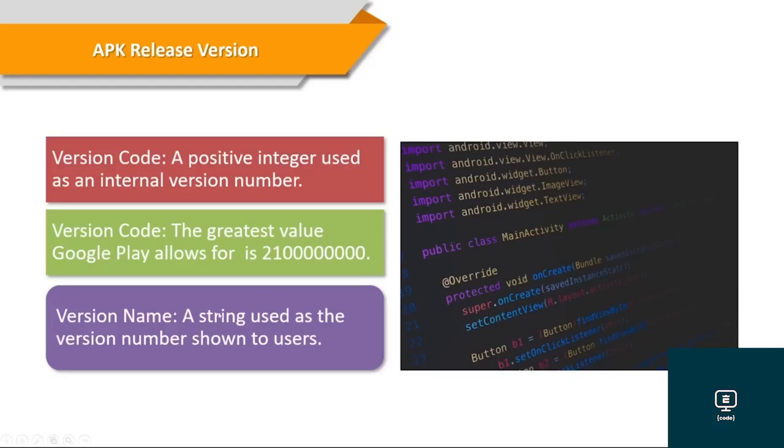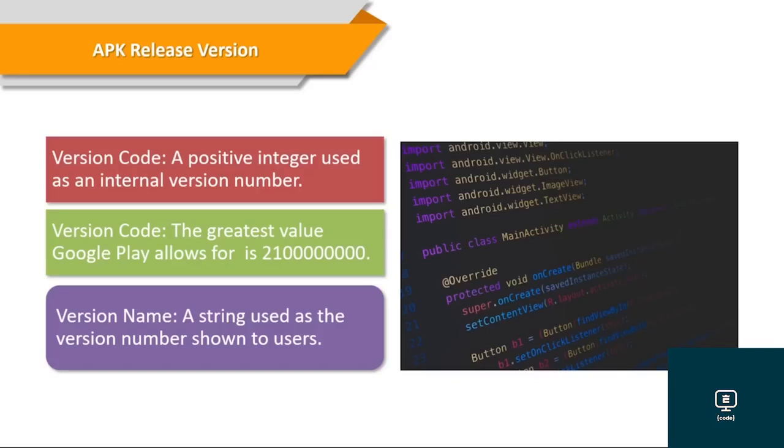So in this part, there are two parameters. The first one is version code, and the second one is version name. Version code is a positive integer value that starts from 1. This is an important value because when you publish your application, Google Play will take this number as a reference code. When you update your application, Google Play will check this number. It has to be a bigger number than the previous version.